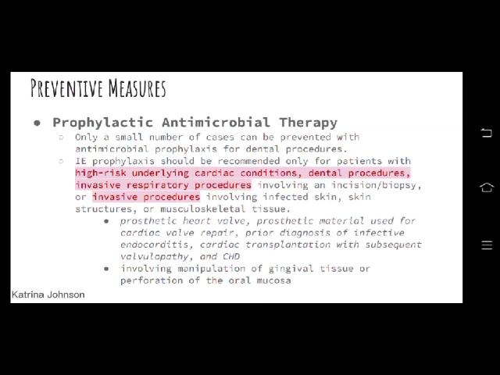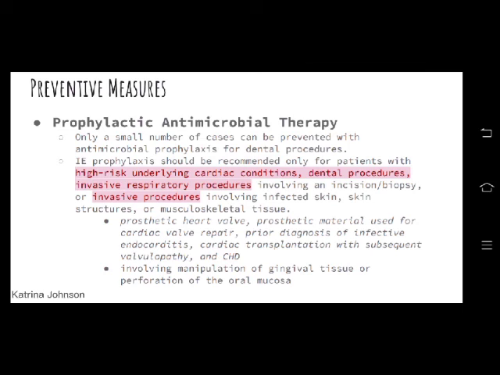Along with that, dental procedures, more specifically those that involve the manipulation of the gingival tissue or the gums, or perforation of the oral mucosa in general. In addition to that, invasive respiratory procedures, more specifically those that involve an incision or a biopsy.